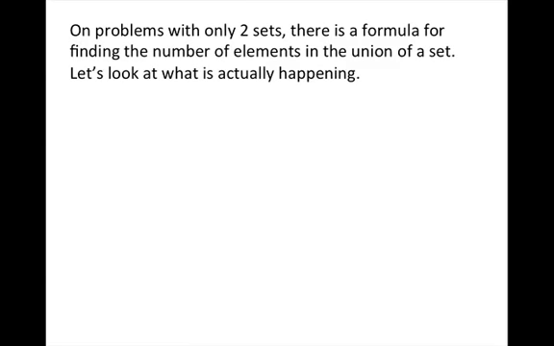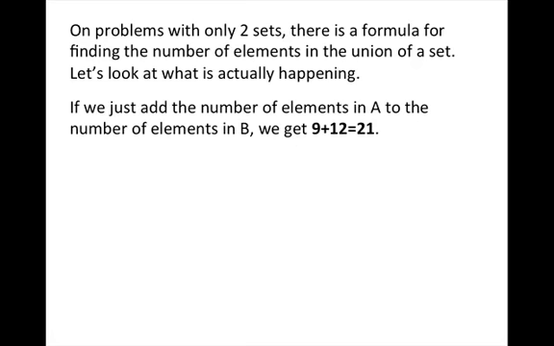On problems with only 2 sets, there's a formula for finding this number of elements, so I don't have to draw the Venn diagrams every time. Before we look at that formula, if we just added the number of elements in set A to the number of elements in set B, the 9 plus the 12 would give us 21.